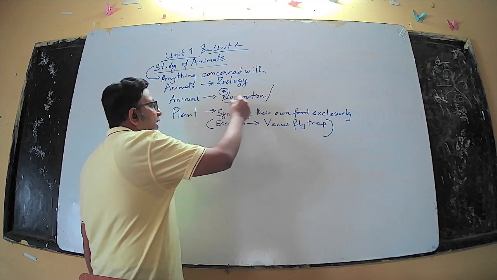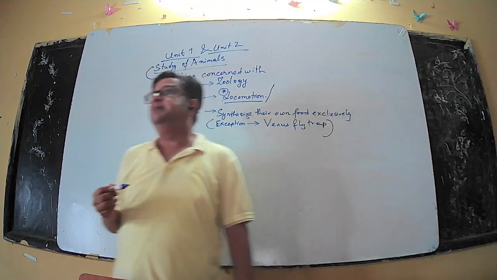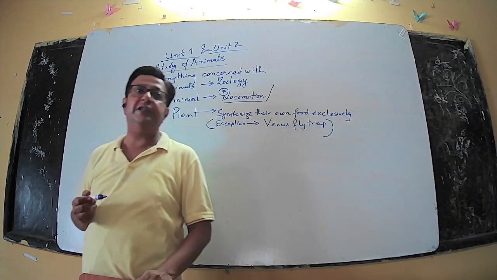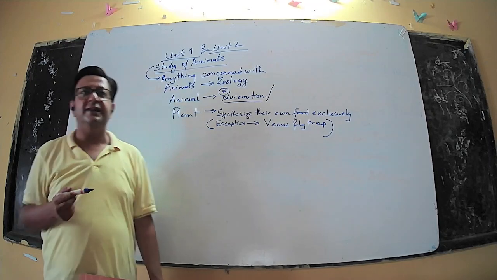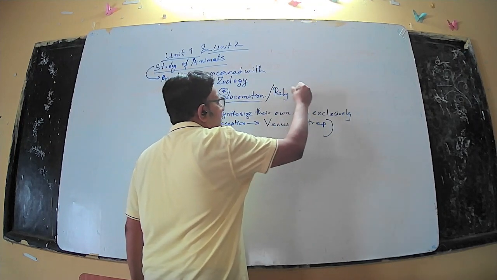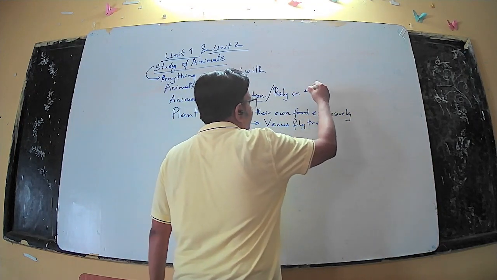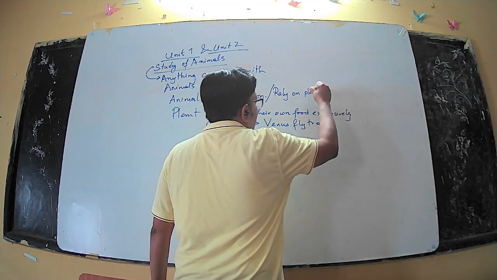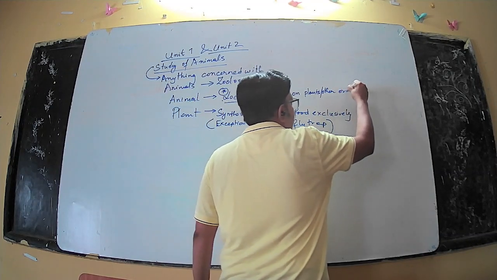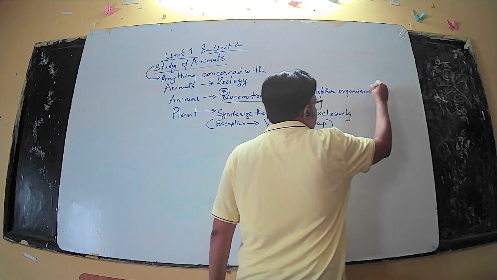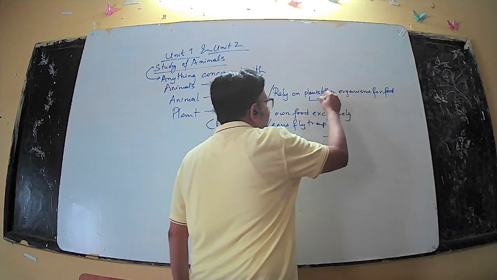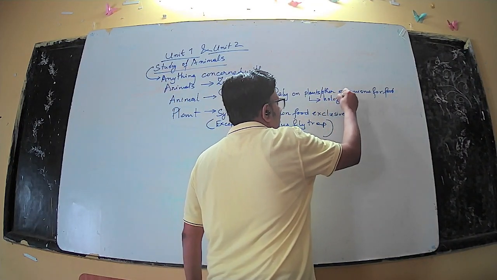So locomotion is one exclusive feature of animals. But there are lots of sessile animals which cannot move about, like sponges, cnidarians. There are lots of sessile organisms. So it can't be exclusive. They rely on plants and other organisms for food, and this type is known as holozoic.